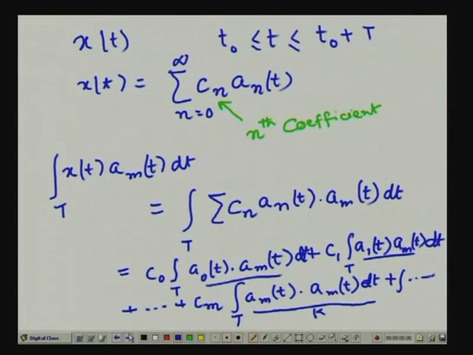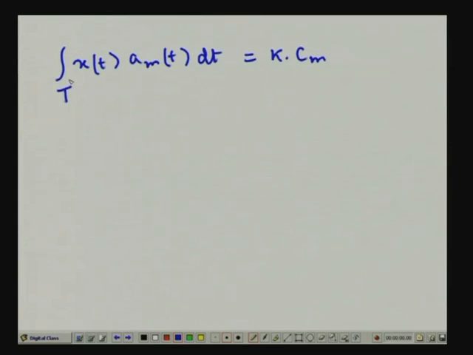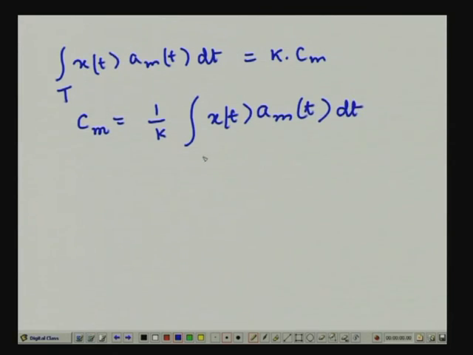So, the integration of x(t) a_m(t) dt is equal to the constant k times C_m. From this we can easily calculate that the mth coefficient C_m will be given by 1 upon k times the integration of x(t) a_m(t) dt over the interval capital T. And obviously, if this set is an orthonormal set, not merely an orthogonal set, in that case the value of k is equal to 1.